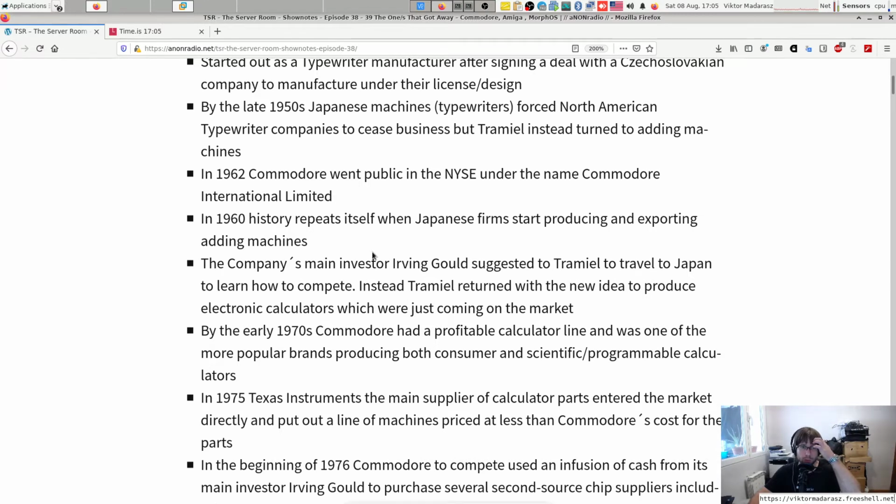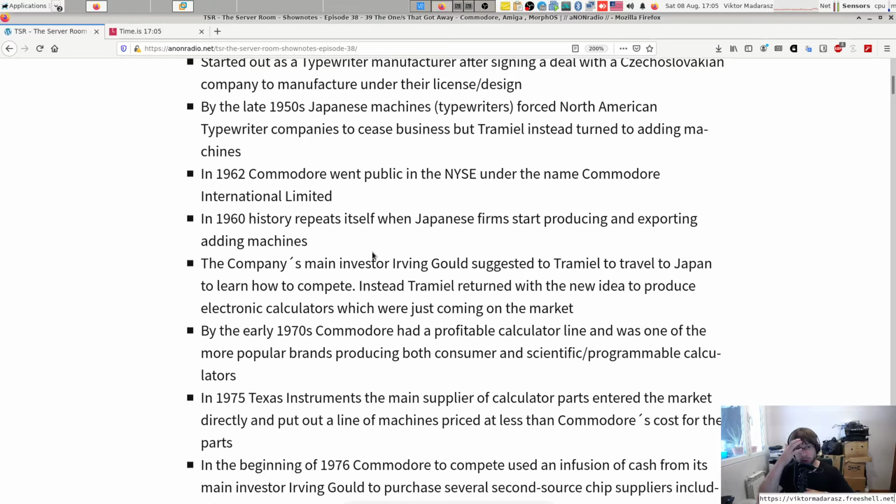In 1962, Commodore went public on the New York Stock Exchange under the name Commodore International Limited. In 1960, history again repeats itself when Japanese firms start producing and exporting adding machines. So, as it happened with the typewriter business, the same is happening again, this time with adding machines.